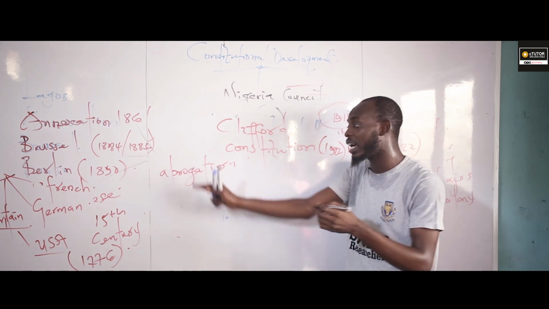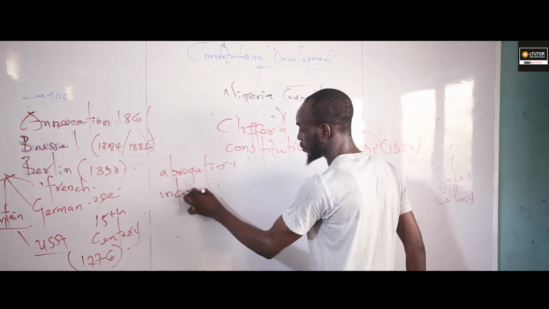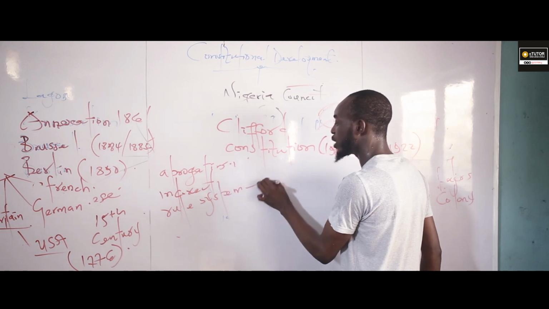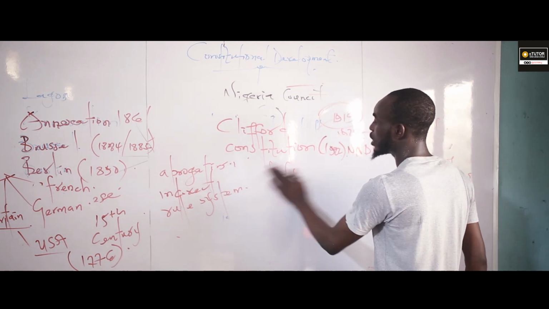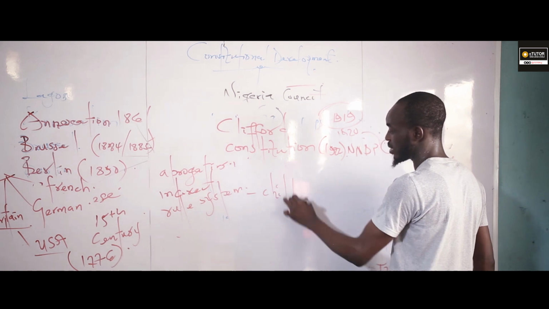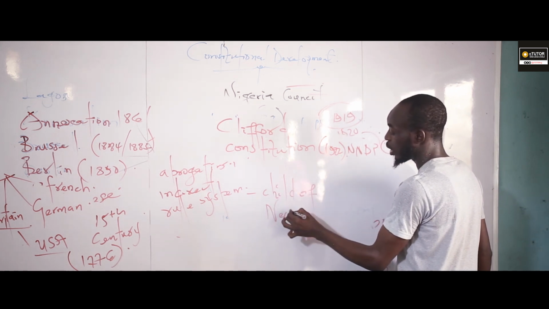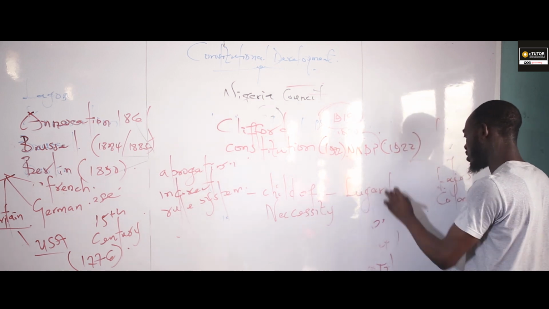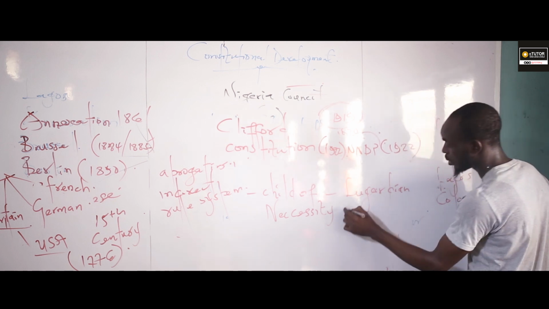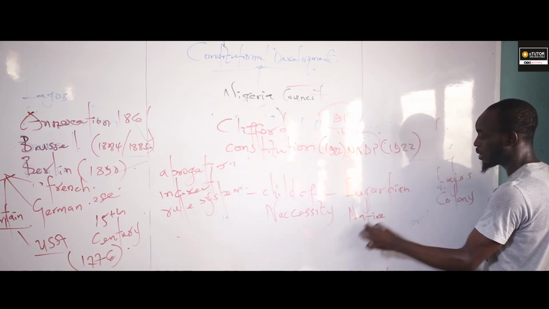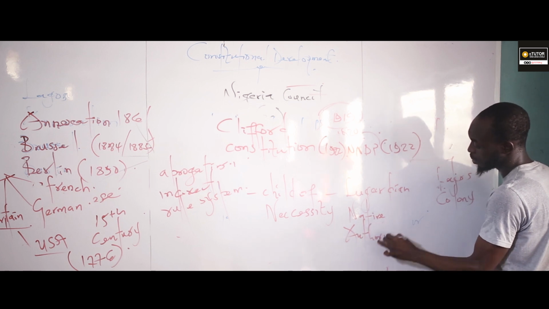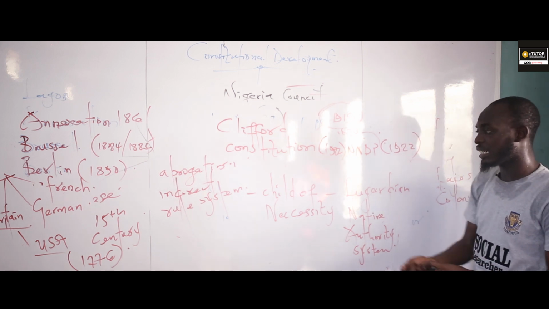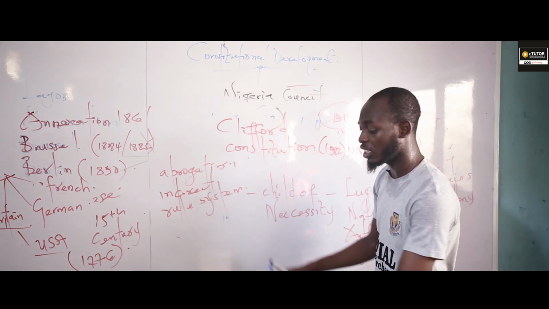Don't forget, it was Lord Lugard that created the indirect rule system, which is also regarded as a child of necessity, or the Lugardian native authority system. These are the names we can also call the indirect rule system.